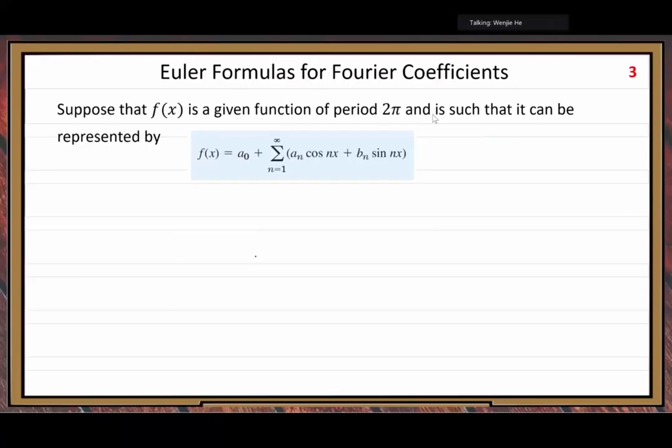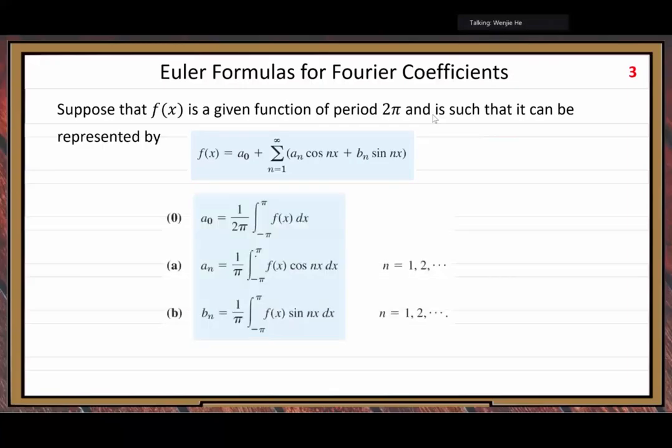Now we apply the orthogonality property, so we can calculate all the coefficients in this way. How can you see it? Actually, it's very easy to see, because we know the inner product and the orthogonality. Let's look at the A0 coefficient.